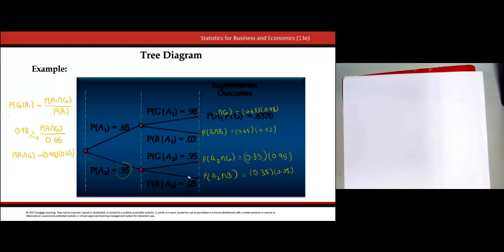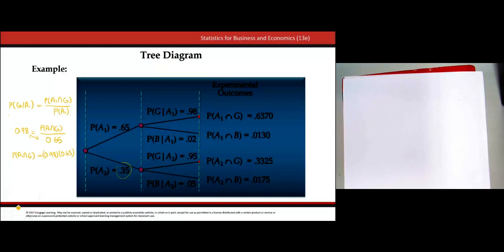So these are the 4 outcomes. A1 intersect G, part is good and comes from supplier 1. Part is bad and comes from supplier 1. Part is good and comes from supplier 2. Part is bad and comes from supplier 2.